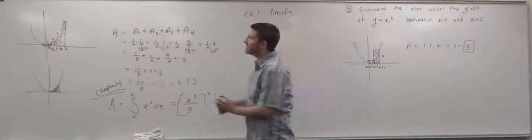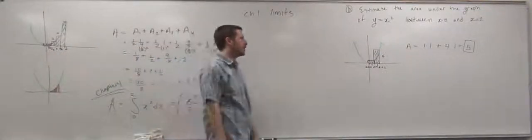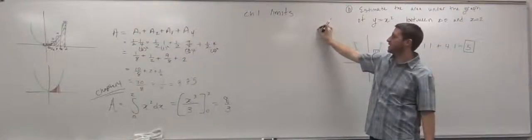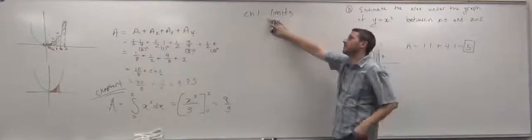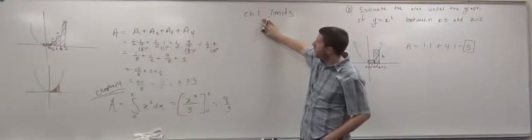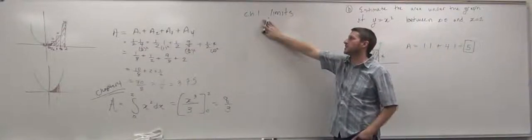So this idea of taking the number of rectangles to an infinite number, or in the tangent line problem where you put one x infinitely close to another x, that's a limit. Even after chapter 1, we won't have enough technology to talk about tangent lines, but this will help us get there.